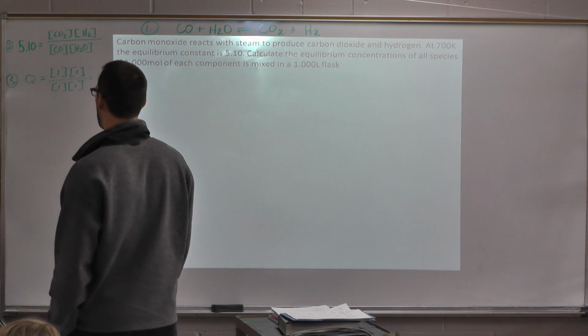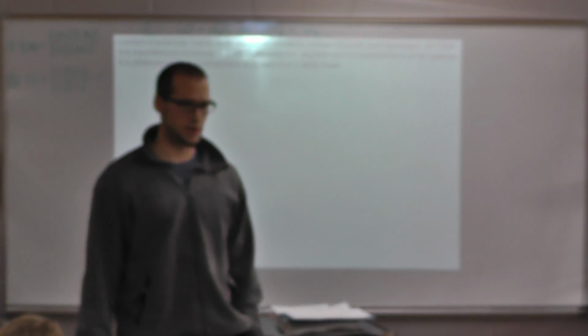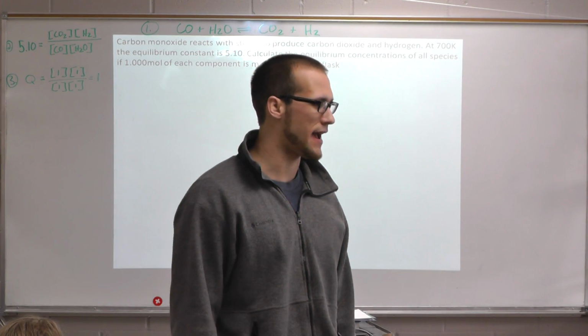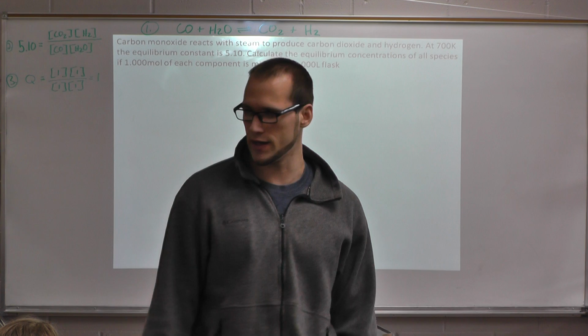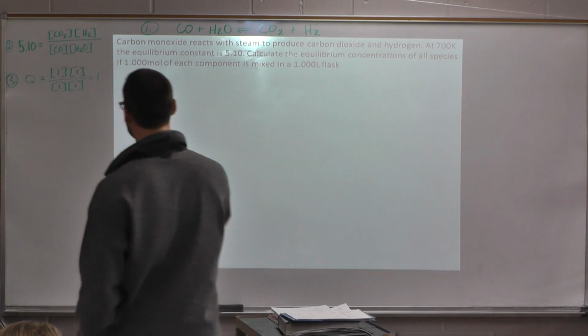Now, the purpose of finding Q is to see, one, if I'm at equilibrium, and if not, which way I'm going to shift. Can you remember which direction this is going to shift if Q is less than K? Right. So shift right.